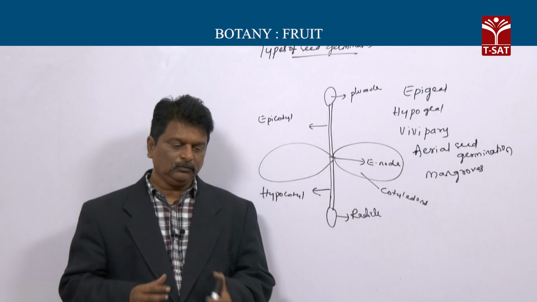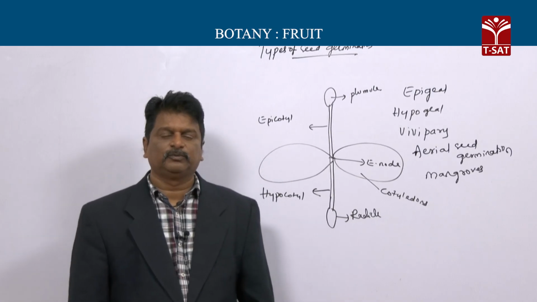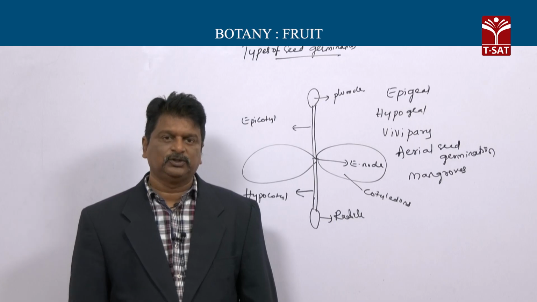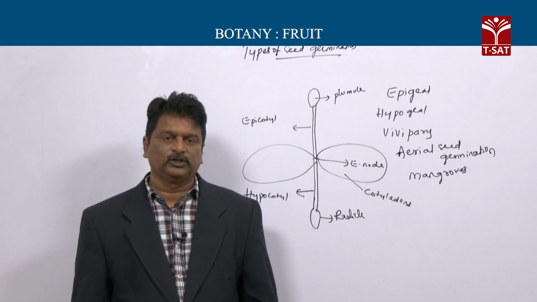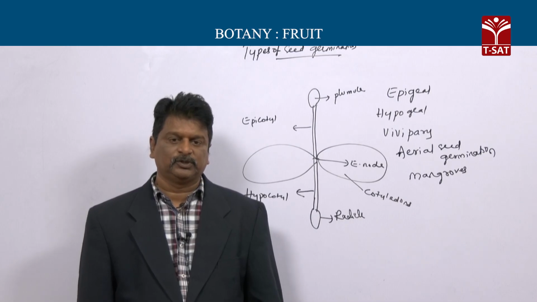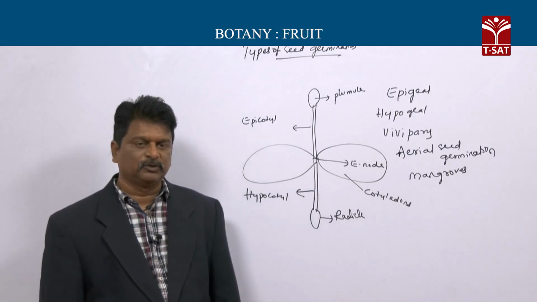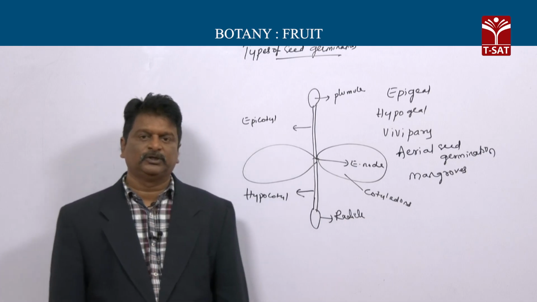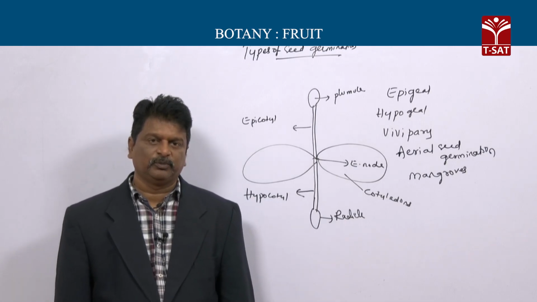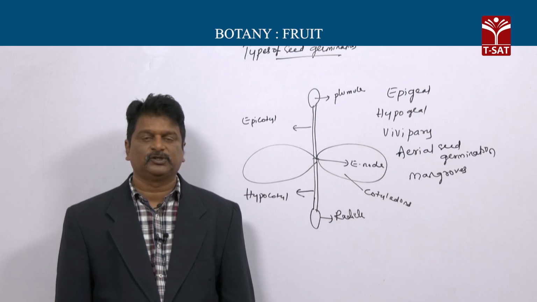Now, I will discuss the key points or important points about fruits. Actually, the only fruit producing plants are angiosperms. Flowering plants are gymnosperms and angiosperms. But in gymnosperms, carpels are open, so there is no formation of ovary, so fruits are absent.